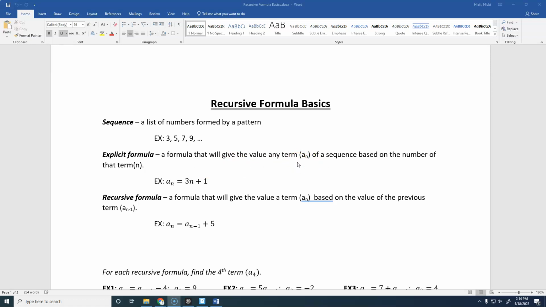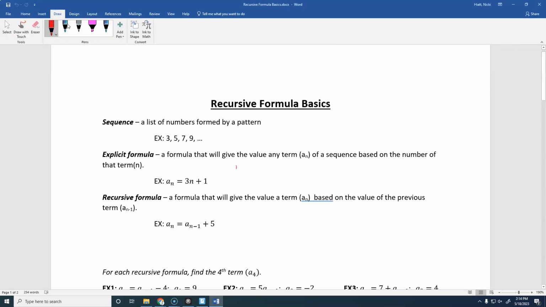So if I want to know the 5th number in the sequence, N stands for the number of the term, so I just plug in 5 there. I do 3 times 5 plus 1. That'd give me 16, right? So the 5th number in this sequence is going to be 16.